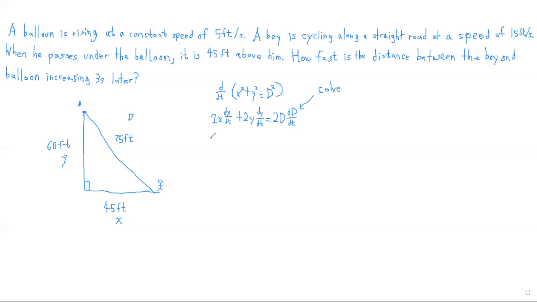So let's go ahead. 2x is 2 times 45. dx/dt is 15. Plus 2 times 60. dy/dt is 5.